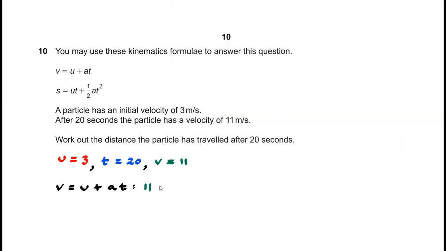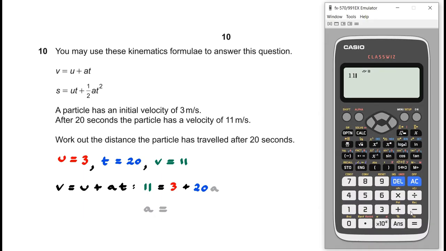This is equal to u, which is 3, plus a times by t, so we've got 20 times by a. We can find out what a is. If I subtract 3 from both sides and then divide by 20, you will find a to equal, well, we've got 11 subtract 3 divided by 20, which is 0.4.